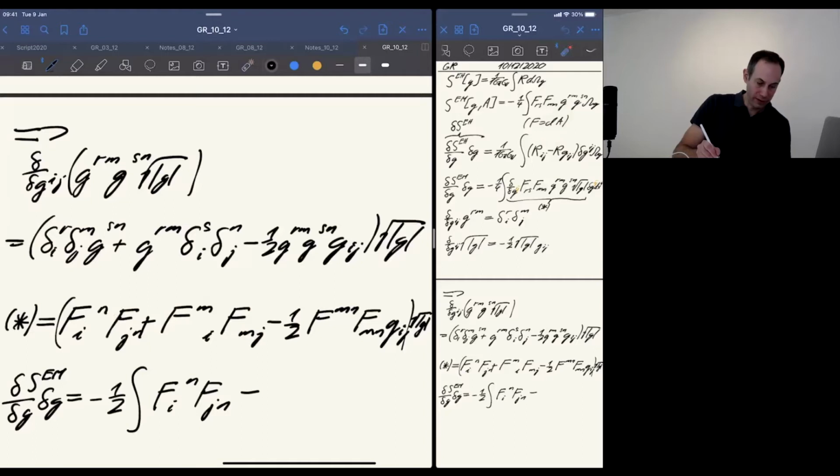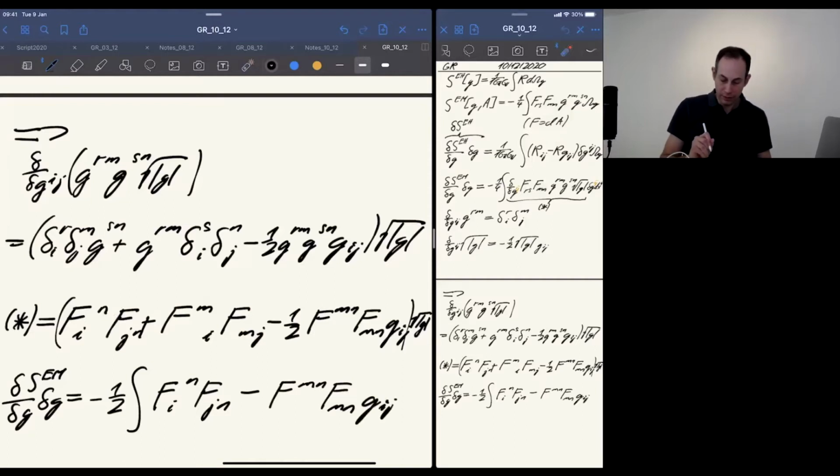I'll just write it as F^MN F_MN G_IJ. And then now I can finally put my volume form. So there's still the delta G and the omega_g.